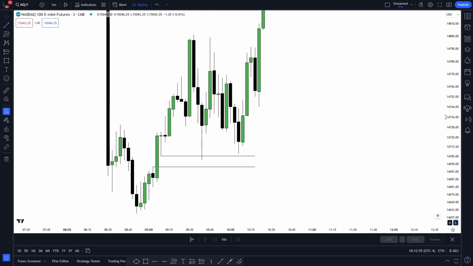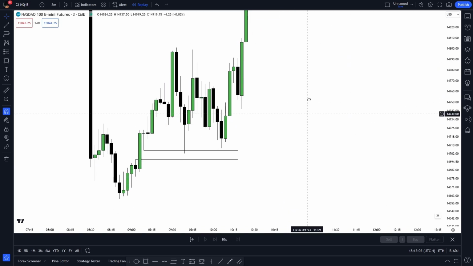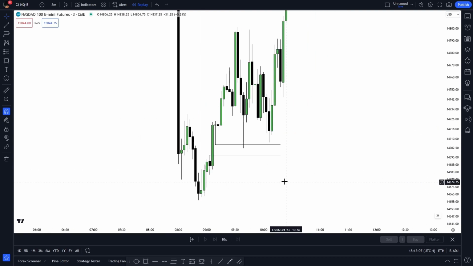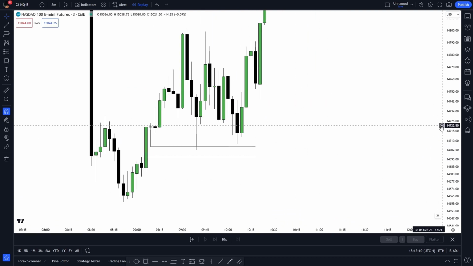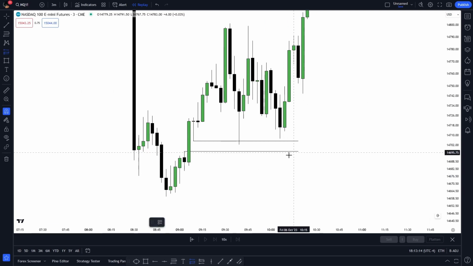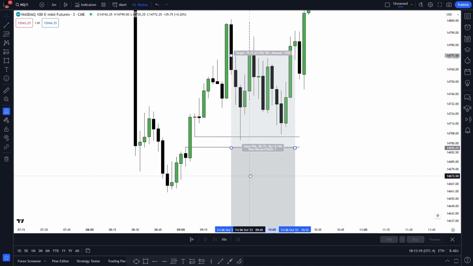In this scenario, price just tapped the inefficiency and then skyrocketed. It did not need to fill the inefficiency. Maybe it wanted to do it later. Eventually, it is going to get filled, but in this case, it just tapped it. So that is why it's important to place your entry off of the beginning of the fair value gap and not the end, right?